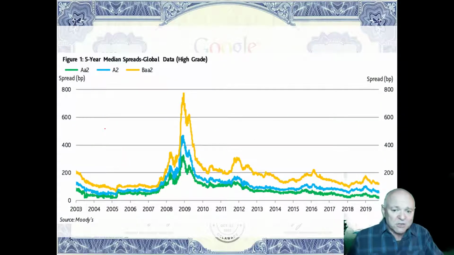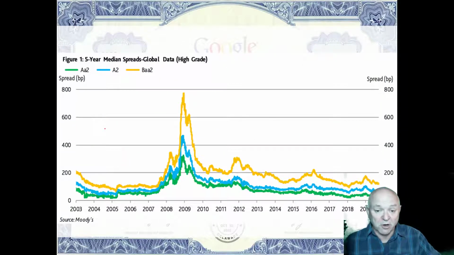You can kind of see how this works over time. Across the bottom axis here we have years. So if we're taking a look at the historical information about Moody's high-grade bonds, and here we're talking about double A's, single A's, and triple B's, all investment grade.